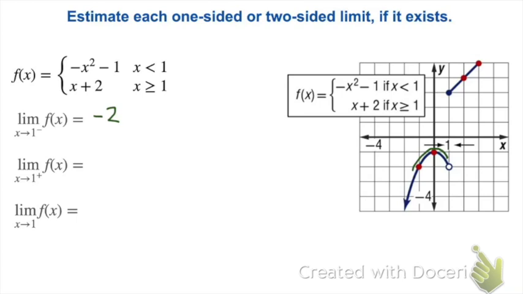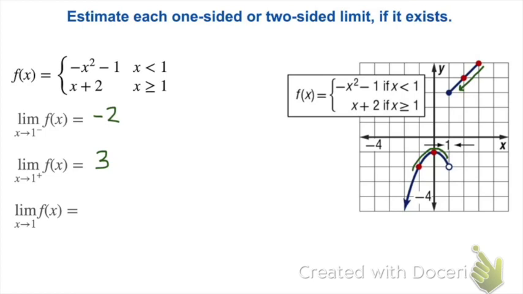Then it says, look at the limit as x approaches 1 from the right, the positive side. Now we're looking at the upper line here. We're coming down here, and we're getting closer and closer to 3. Then it asks, the limit as x approaches 1 of f of x equals. When you look at this, the left and right hand limits go to different numbers.